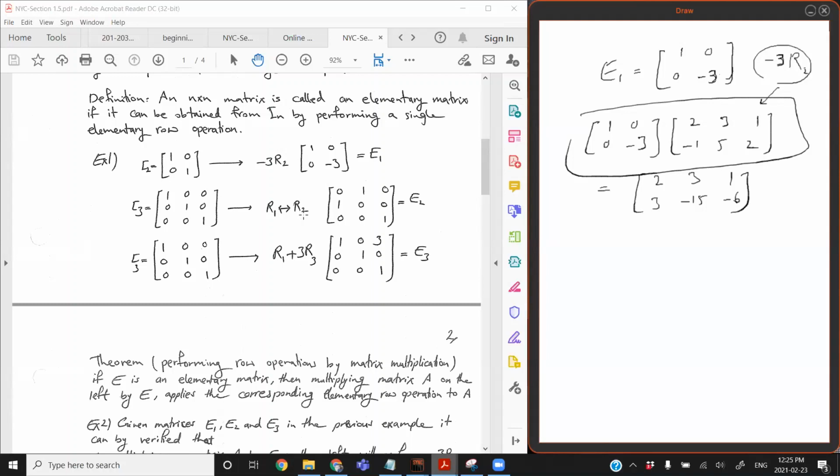I think the proof is in the book for this one, and I'm not going to prove it. But let me just check. I'm not even sure that the proof is in the book. Let me just pull out the book. Look at section 1.5.